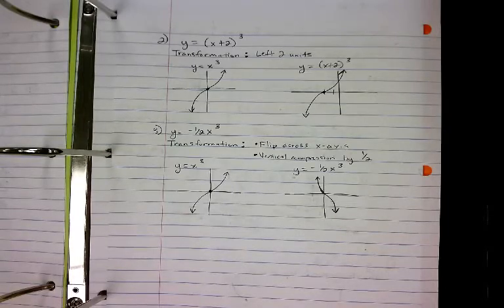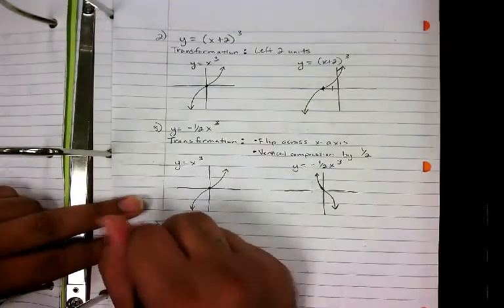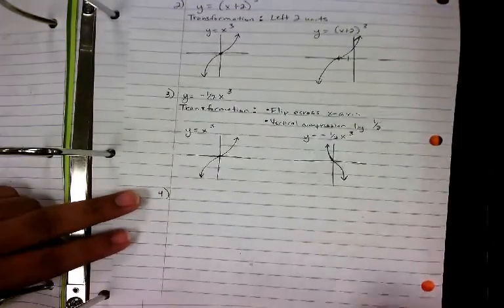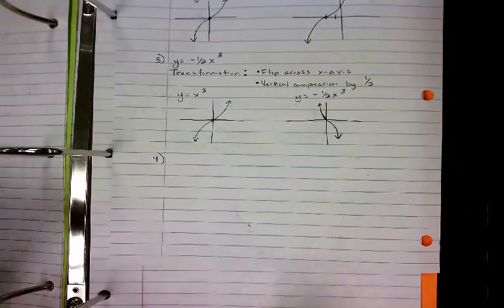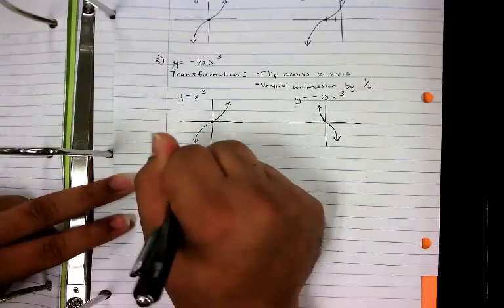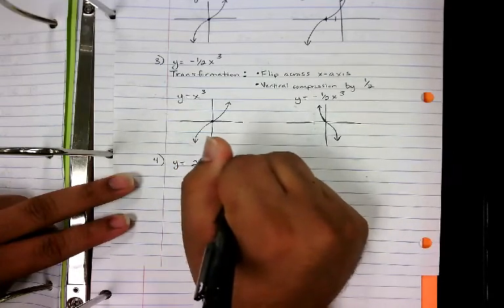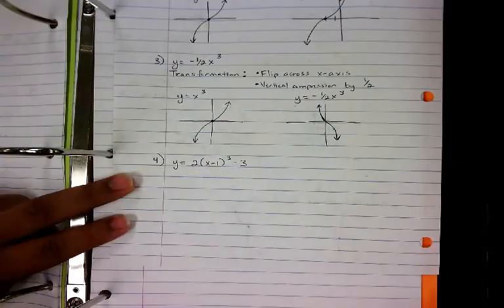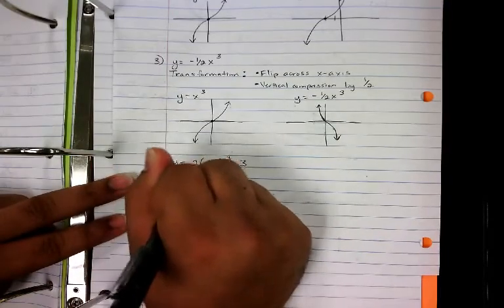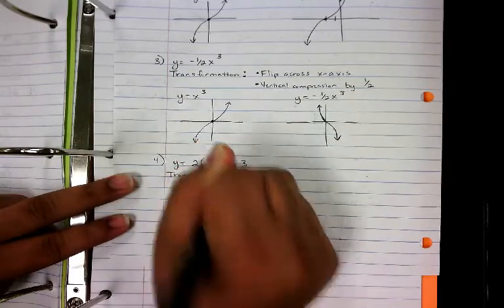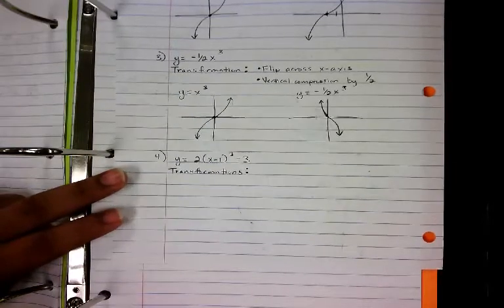Okay, and we got one more example for cubic functions. All right, so you got y equals 2 times x minus 1 cubed minus 3. Okay, so we have multiple transformations on this one. We just go in order.